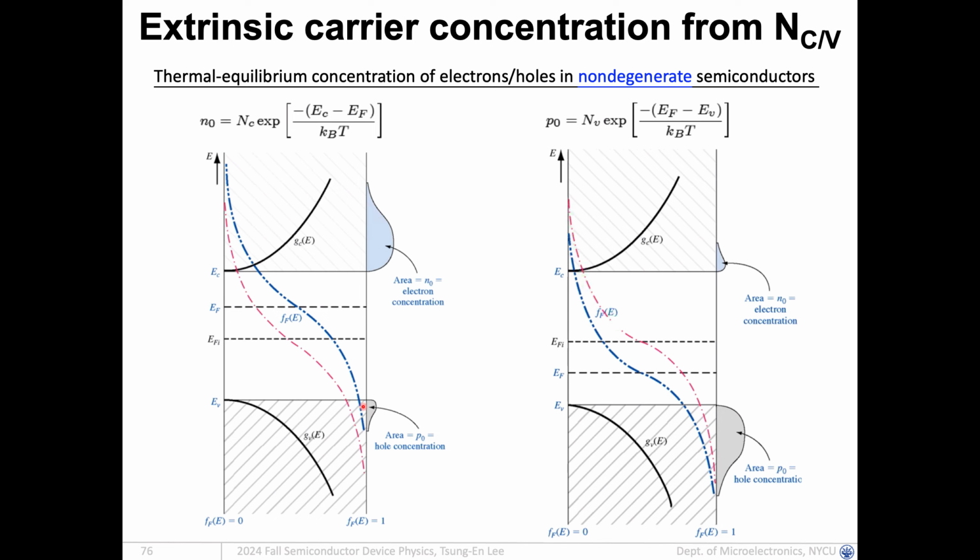In the opposite case, for hole carrier concentration, the probability is reduced. So that's the way you can understand why the electron carrier concentration becomes higher when the Fermi level is closer to the conduction band by using this graph.